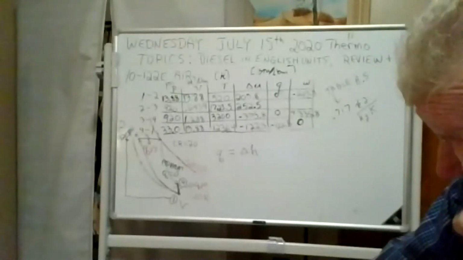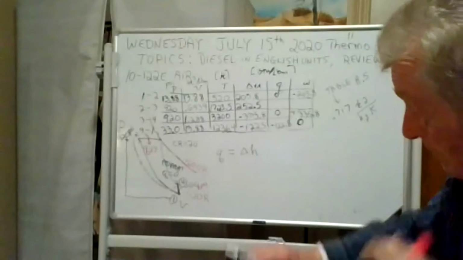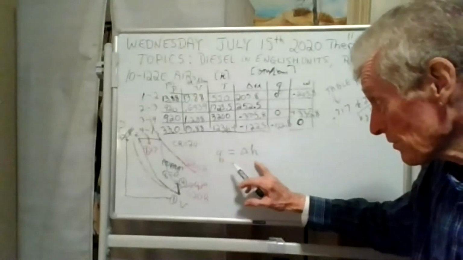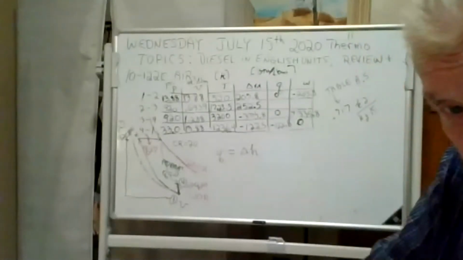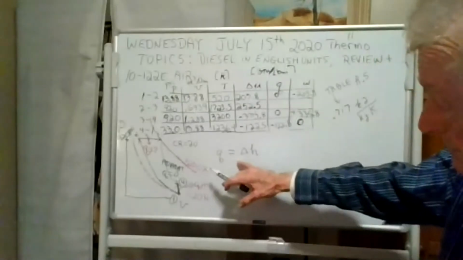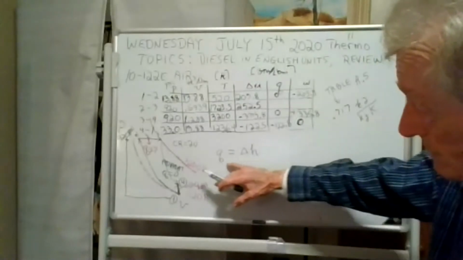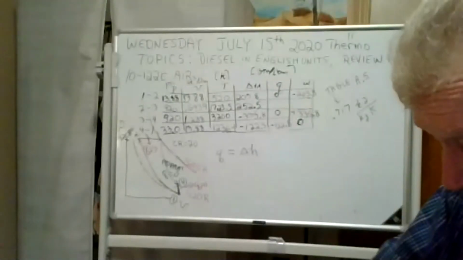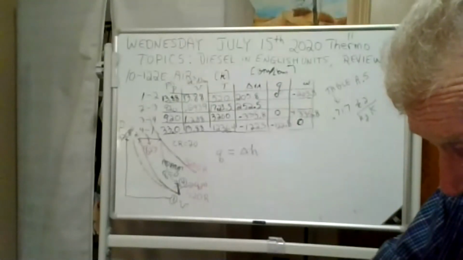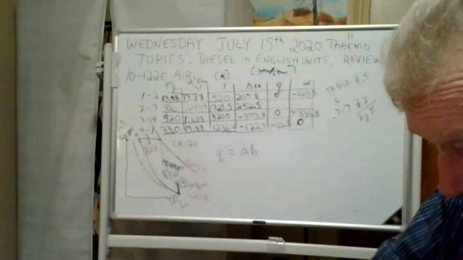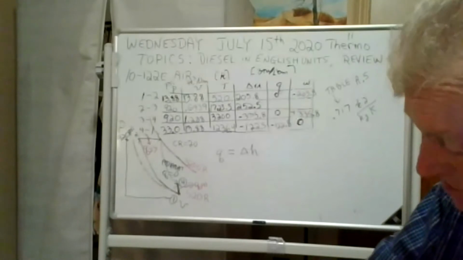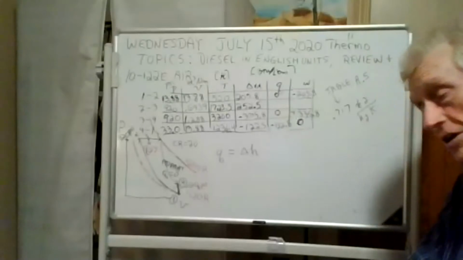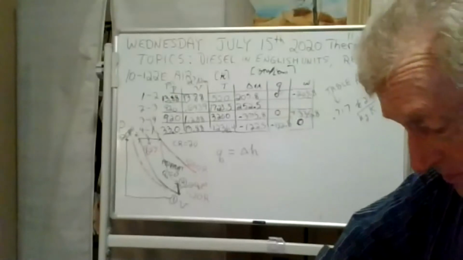Let me go to my friend Parker. Parker, this is a lovely equation, but it only works for what kind of process, Parker? Isentropic? Nope. Guess again. I'll give you 3 guesses.